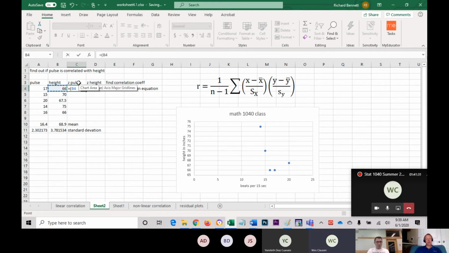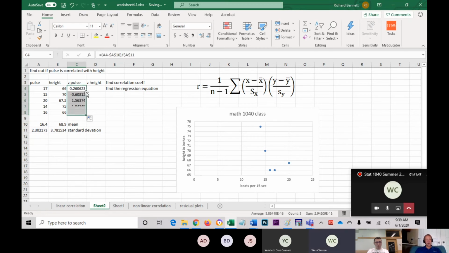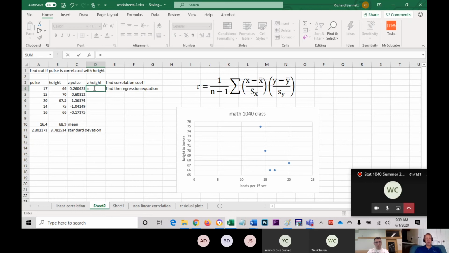Don't forget your parenthesis. Minus 16.4, and divide that by your standard deviation. Okay. We'll copy that down. And the same thing with your height.